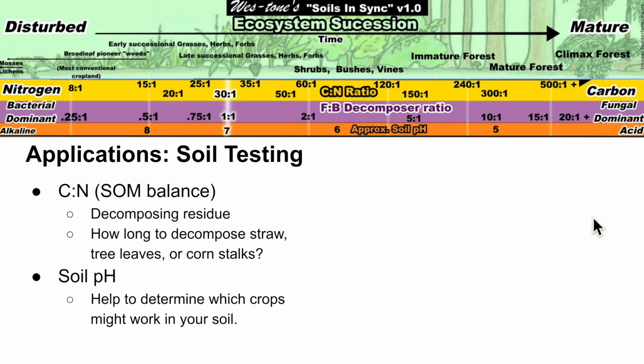You can estimate your soil's carbon to nitrogen ratio, assuming you have significant organic matter, by seeing how long it takes for brown materials to break down in your soil. If you have a leaf, straw, or corn stalk mulch, how long does it take to break down? This can indicate what your carbon to nitrogen ratio is, or if you're lacking nitrogen or have too much nitrogen.